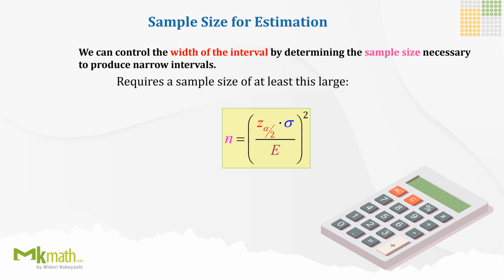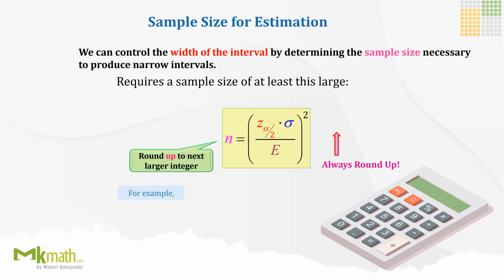Therefore, please round the calculated answer up to the next larger integer. For example, if n equals 25.0325 and so on, the fractional part must be counted as 1. So the sample size should be 26 in this case.